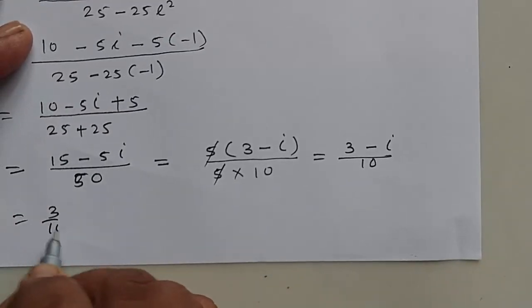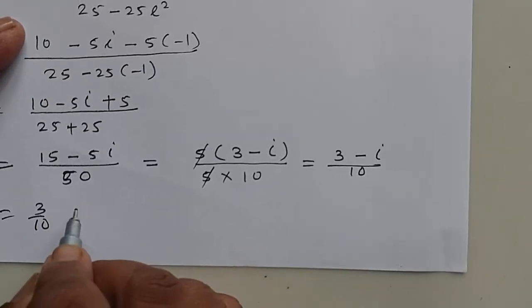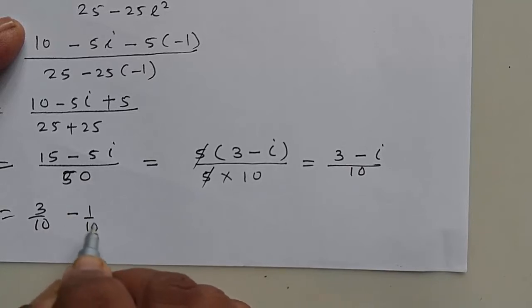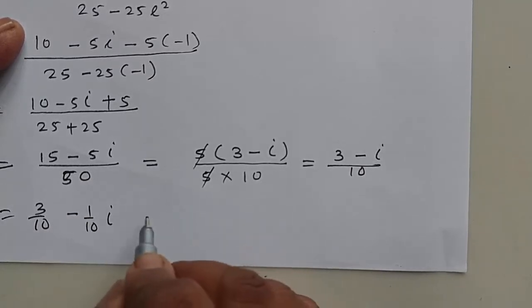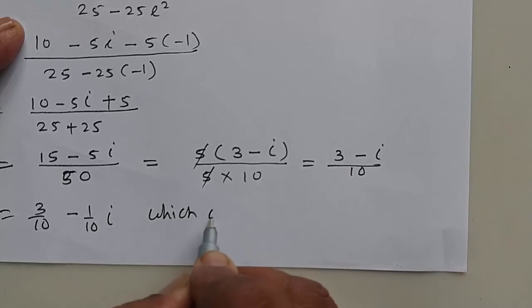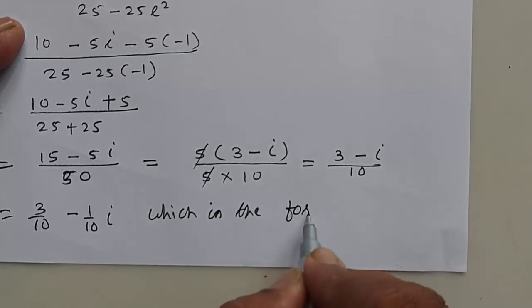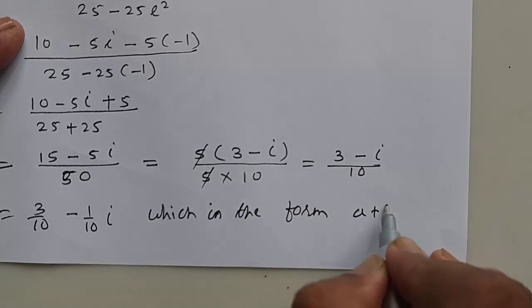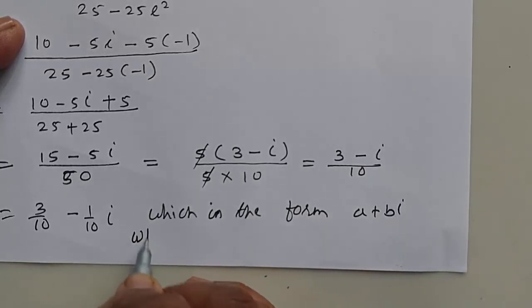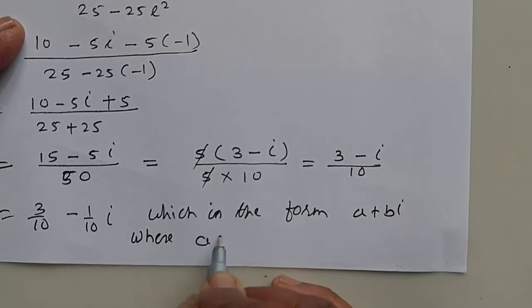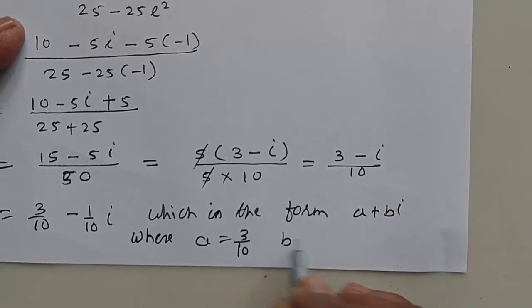Therefore, 3 upon 10 minus 1 upon 10 into i, which is in the form a plus bi, where a is equal to 3 upon 10, b is equal to minus 1 by 10.